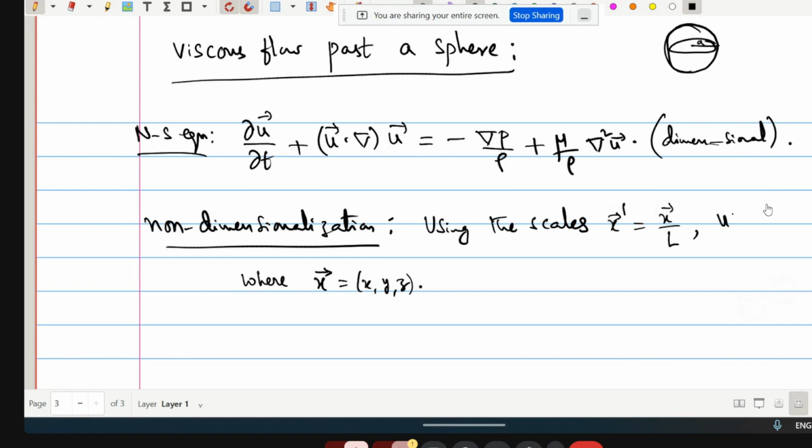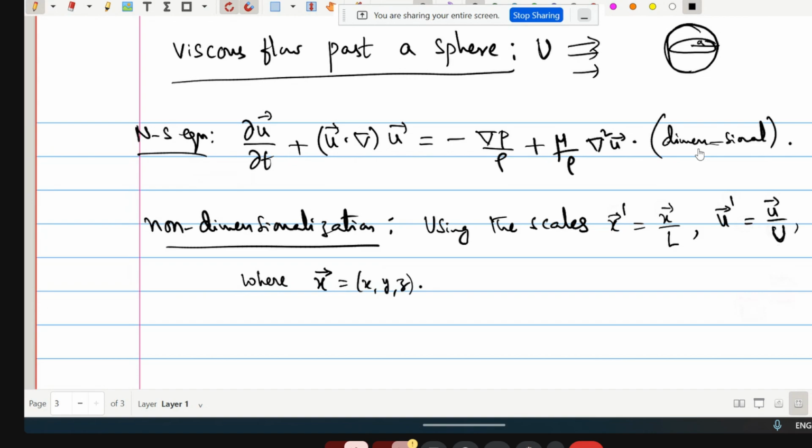Then U bar dash equals U bar divided by some uniform flow. At infinity, you have a uniform flow with some velocity U, which is your characteristic velocity.